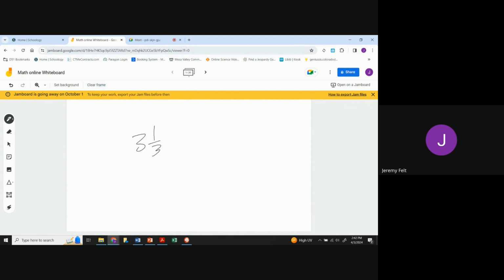First, we know this is a percent, so let's first make it an improper fraction. 3 times 3 is 9, plus 1 is 10 thirds, and we're going to multiply it by 1 over 100. 10 goes into both of them. 10 goes into 100 10 times, and 10 1 times, and we're left with 1 times 1 over 3 times 10. So just like 33 and a third was 1/3, well, 3 and 1/3 becomes 1/30th.